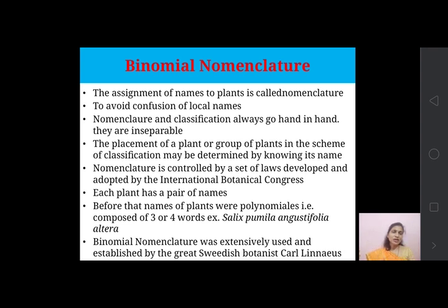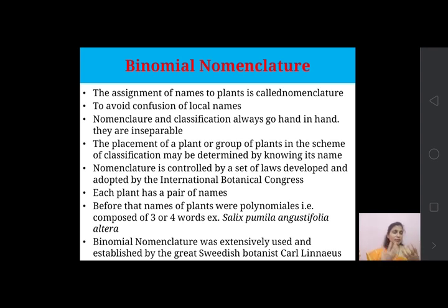Now, nomenclature is controlled by a set of laws developed and adopted by the International Botanical Congress. I mentioned in my previous lecture that there is a meeting of the International Botanical Congress every 5 or 10 years. In that meeting they discuss newly found plants and their nomenclature, and they set rules about how to give a name to a particular plant.